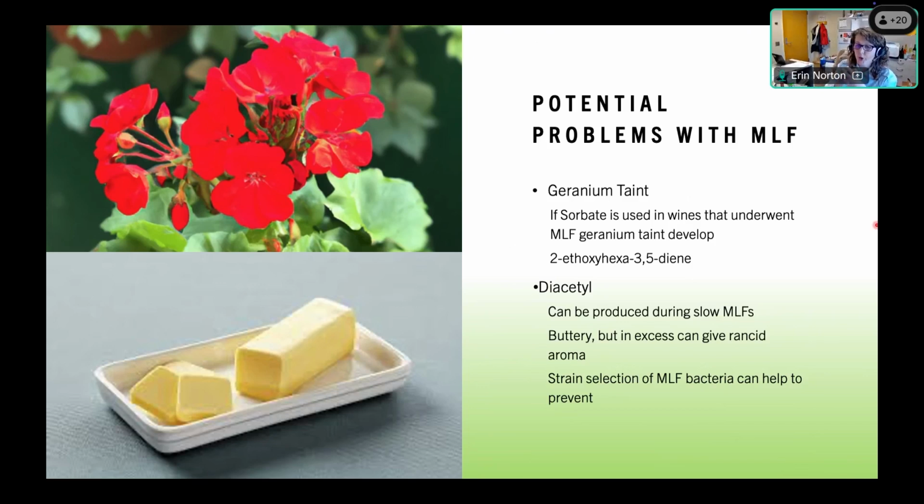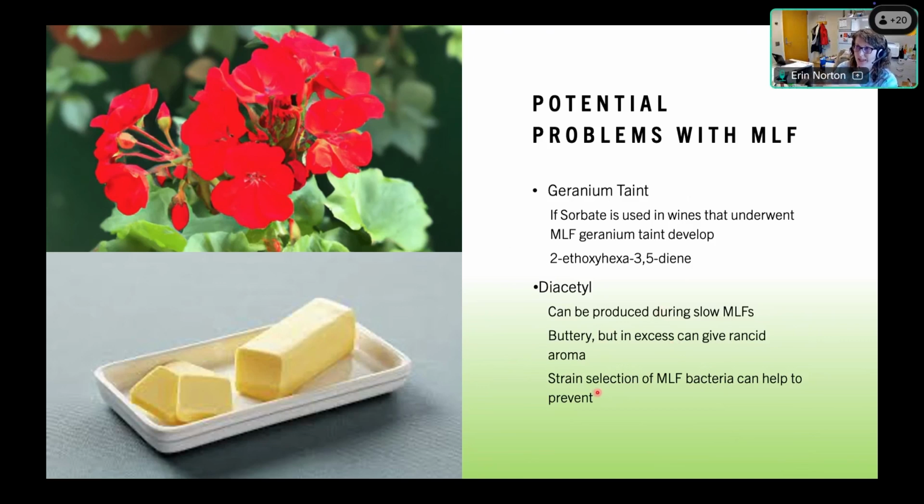Diacetyl. So Oenococcus oeni does produce diacetyl. It is a compound that in small amounts gives you the buttery sensation or buttery aroma. In larger quantities, though, it can smell like rancid butter, and so not very good. Strain selection of malolactic fermentation bacteria can help prevent that.